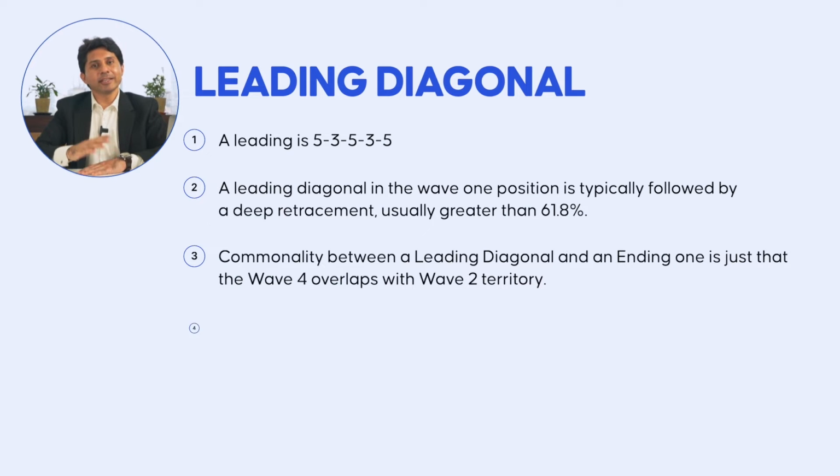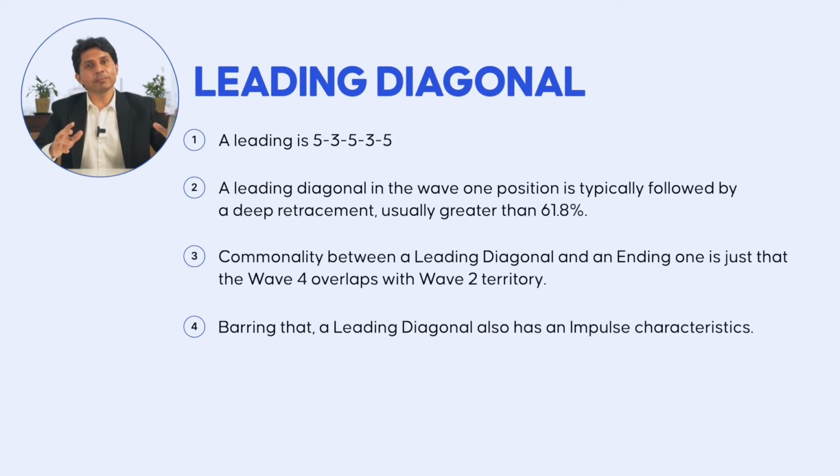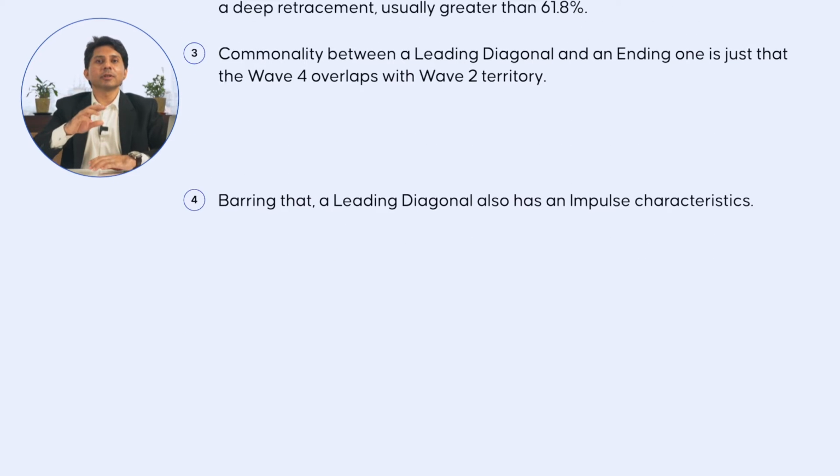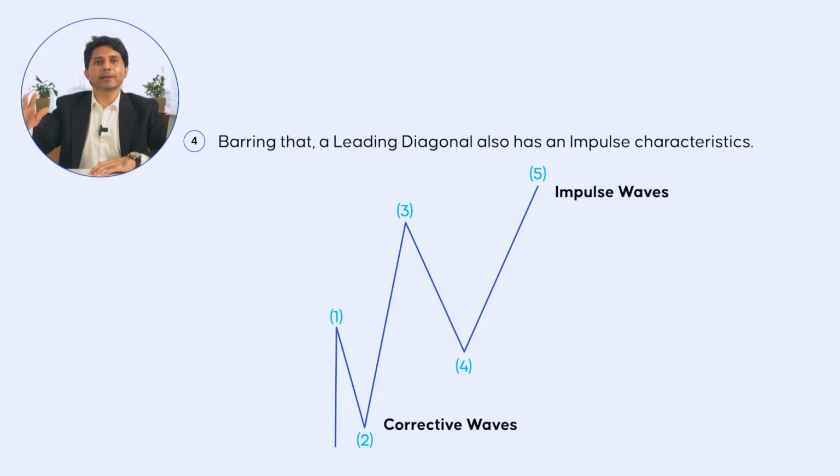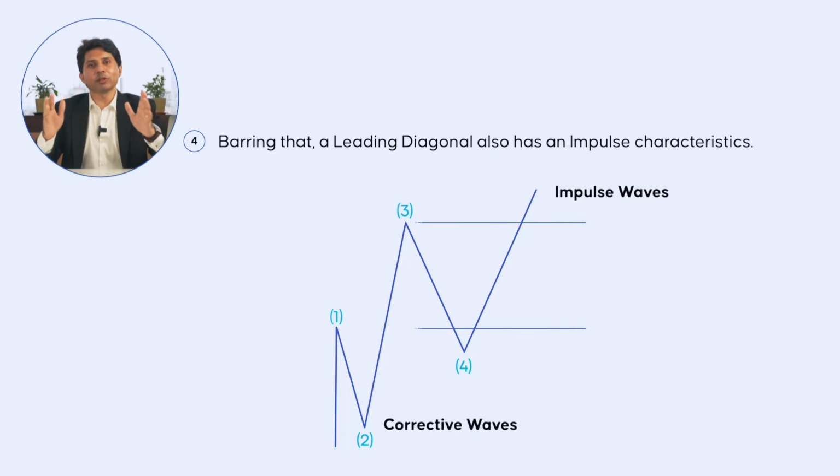That's it. But a leading diagonal otherwise has an impulsive characteristic. So waves 1, 3 and 5 are all impulse waves as subwaves, and waves 2 and 4 are corrective waves. Barring that, wave 2 also does not touch wave 3.